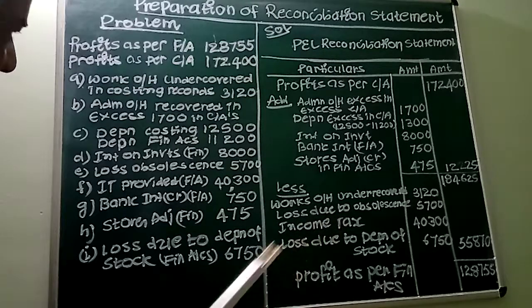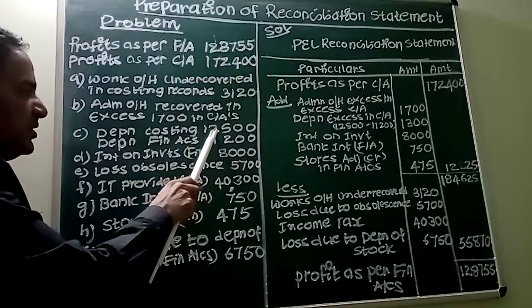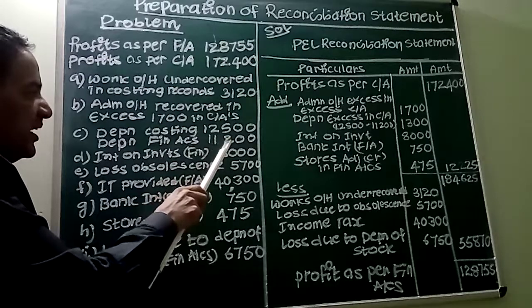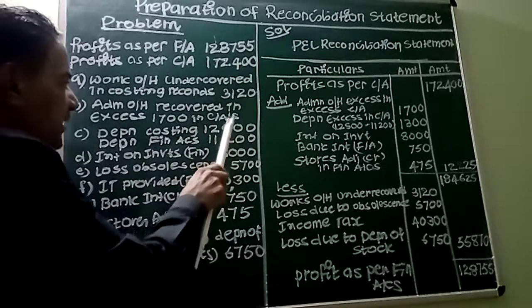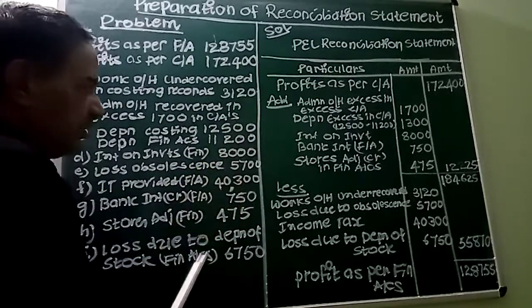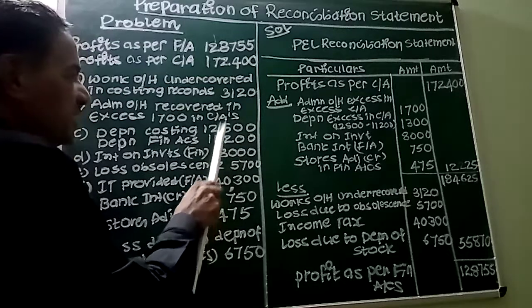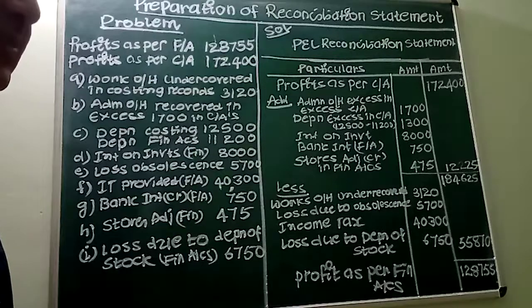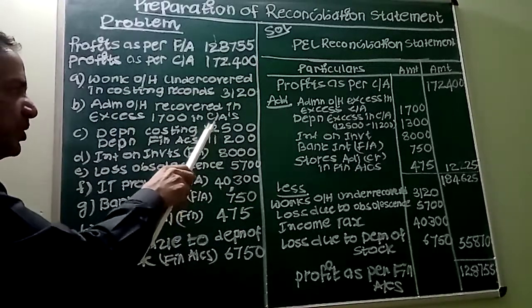We have to take the difference. 12,500 minus 11,200 is equal to 1,300 rupees. Depreciation is less in financial accounts. Less depreciation means more profits in financial accounts. So we have to add the difference here because both are given.